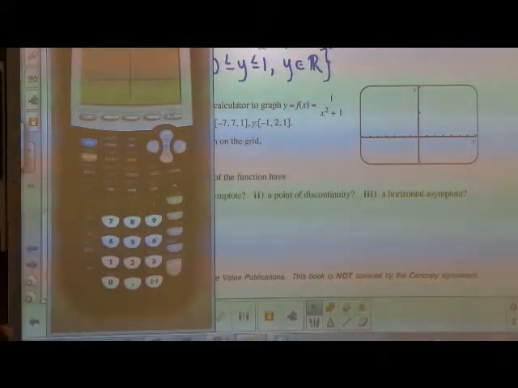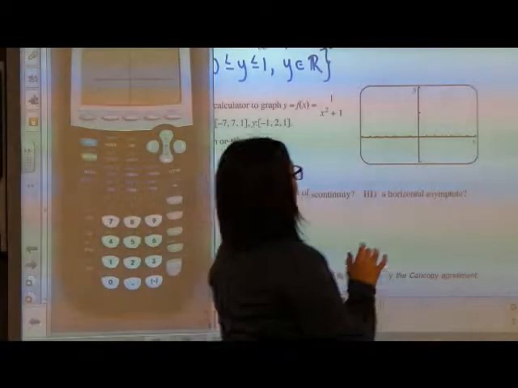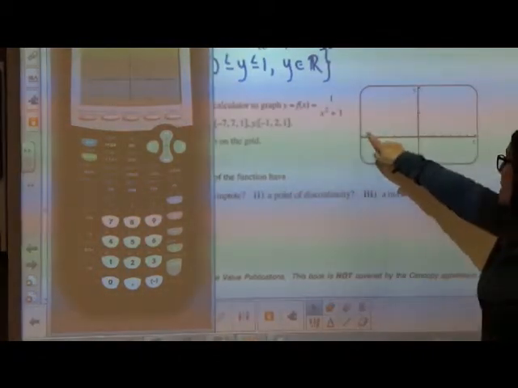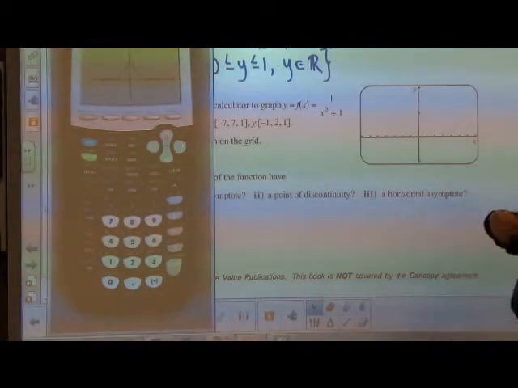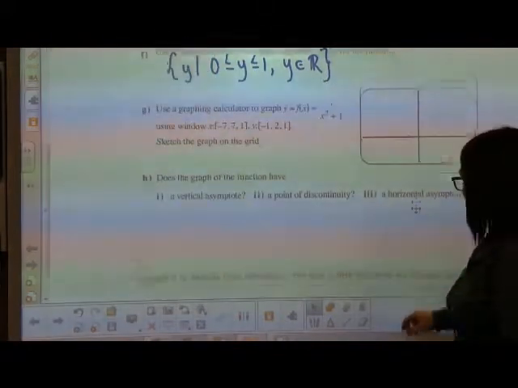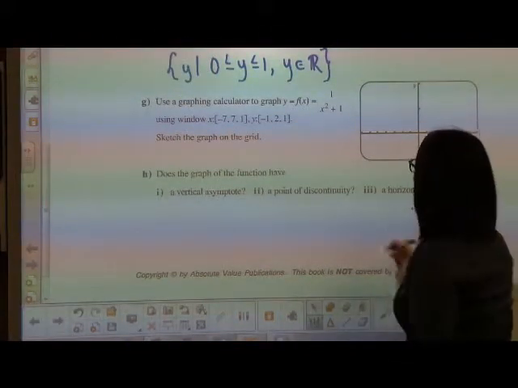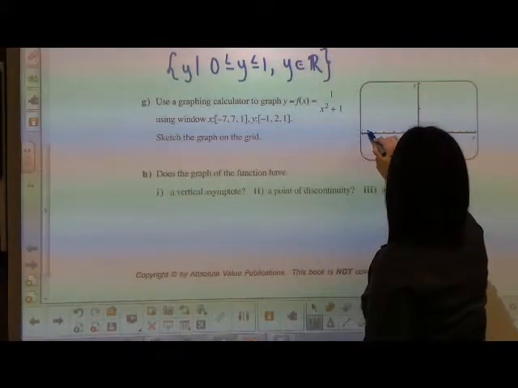And so when I graph this, I get this graph that really looks like a hill. It's symmetrical on both sides, reaches this maximum point of 1, and never touches the x-axis. So it makes the graph look like this.